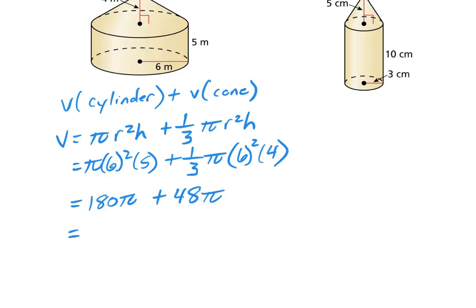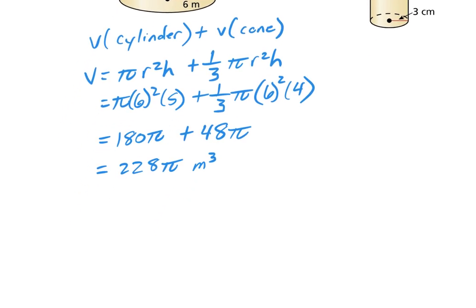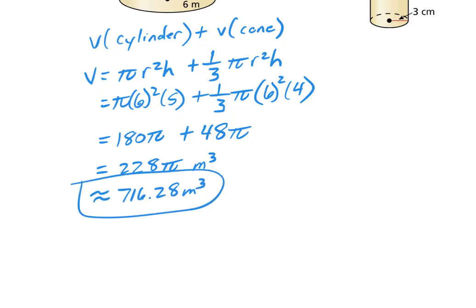We're going to add those two together. We're talking about volume. So that would be one way I could write my answer, if they ask for the answer in terms of pi. We don't have to put pi into our calculator, or we can go ahead and take 228 times pi, and we get 716.28 meters cubed.